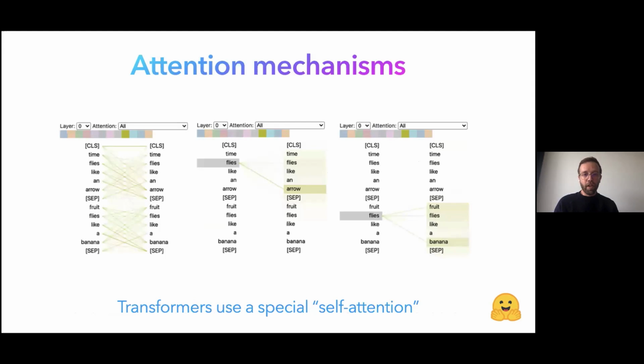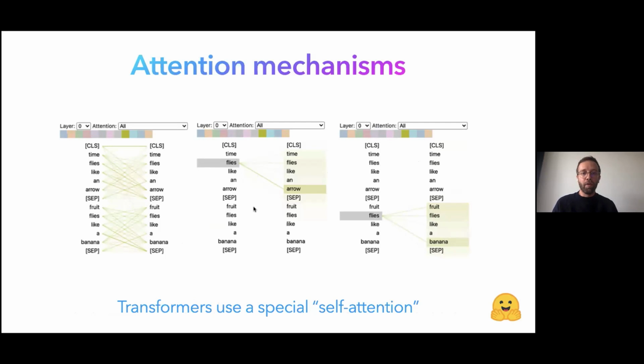And we can have a look at what the attention mechanism in a transformer looks like a little bit. Here you can see an example of two sentences that have been given to a transformer model. The first sentence is "time flies like an arrow." And the second one is "fruit flies like a banana."